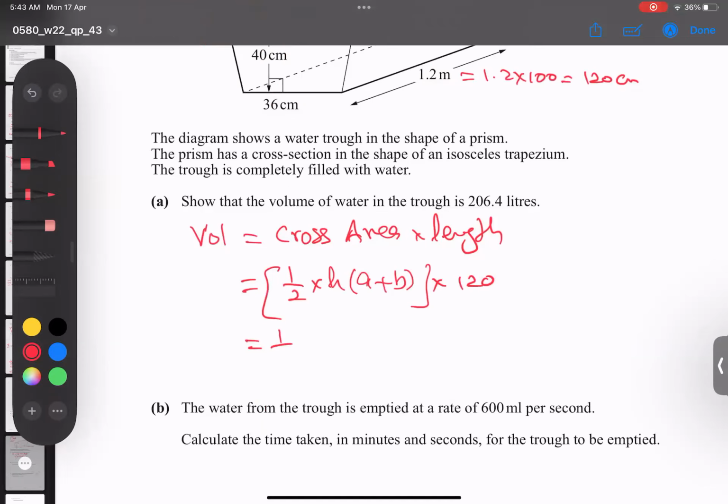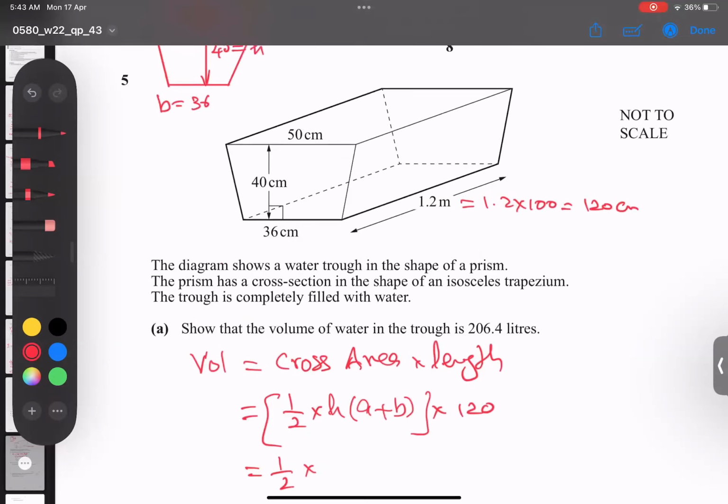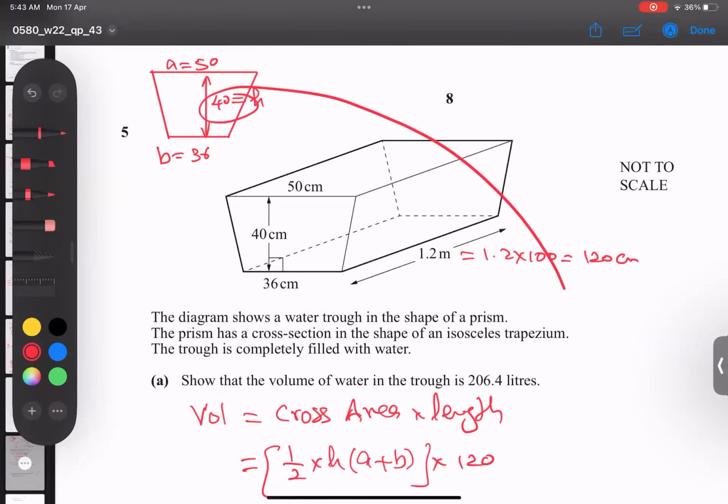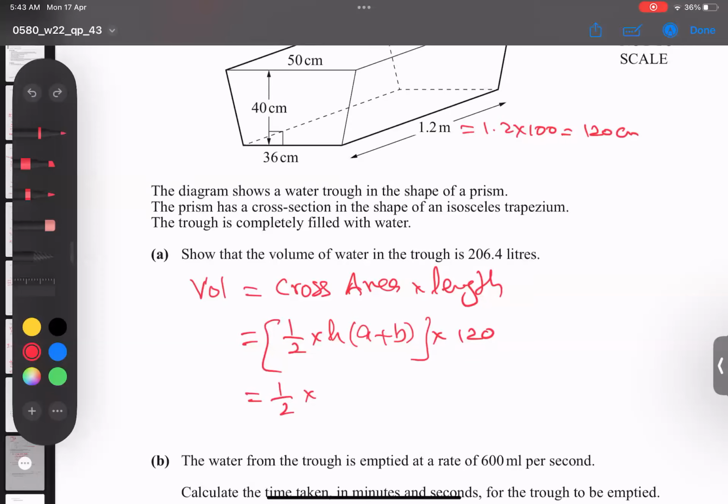For the parameters, height is 40, A is 36, B is 50, and times 120. Now typing in the calculator, half into, it means simply 20 times 2 in the bracket, 36 plus 50, and this answer in the bracket is coming 1720.